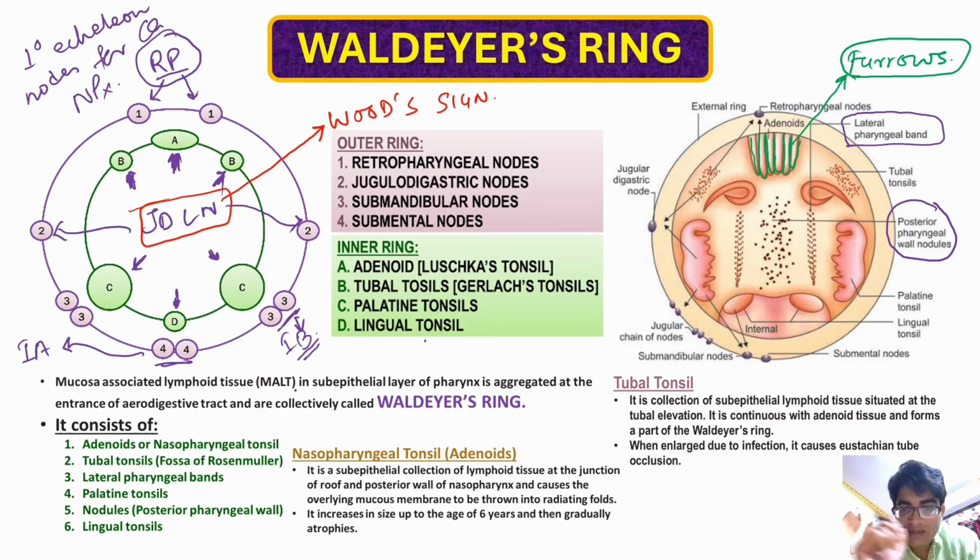This is about the superficial mucosal surface of the adenoid. Tubal tonsils, when enlarged due to infection, may cause eustachian tube obstruction. Correct?